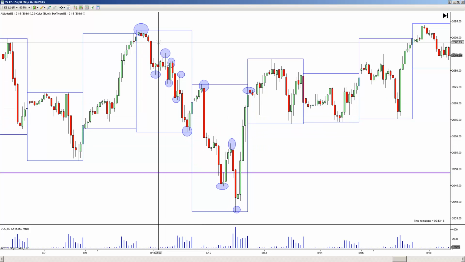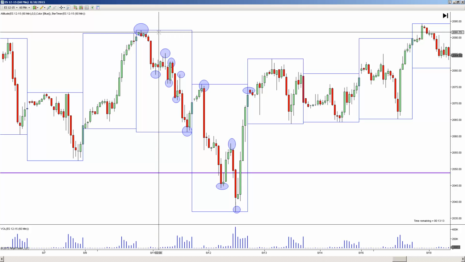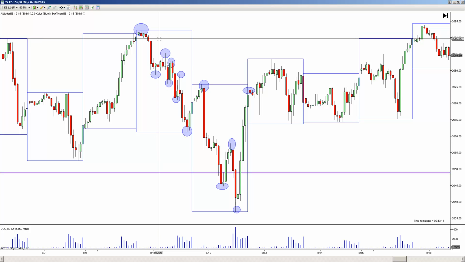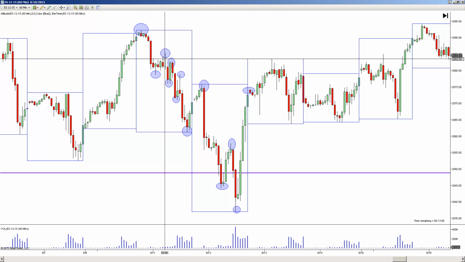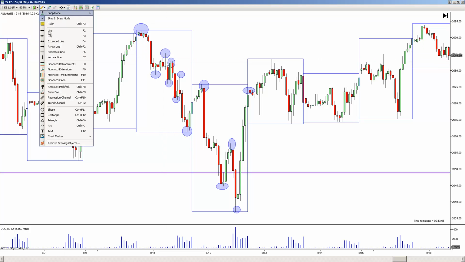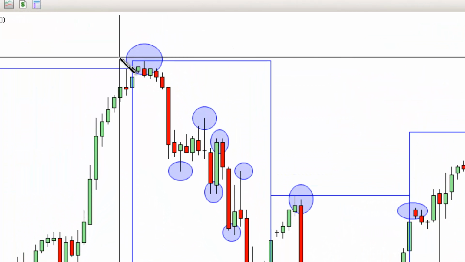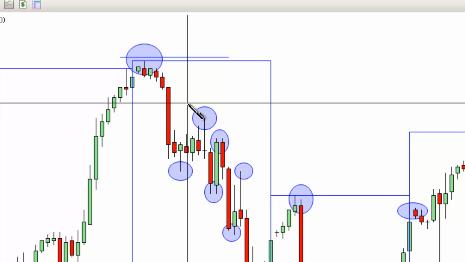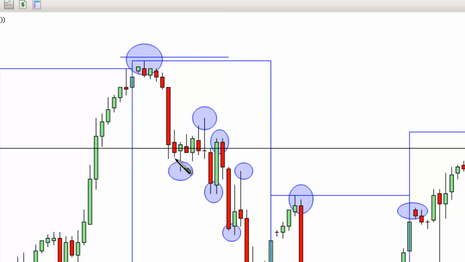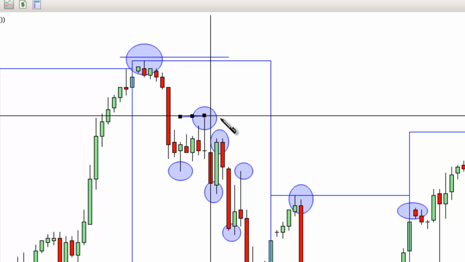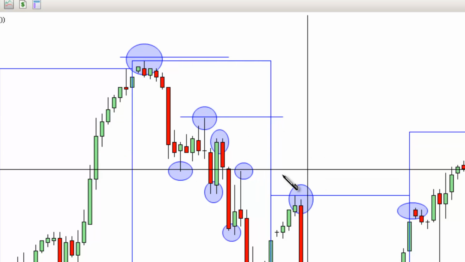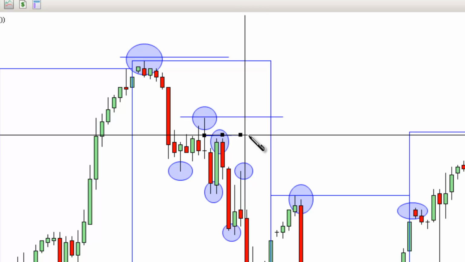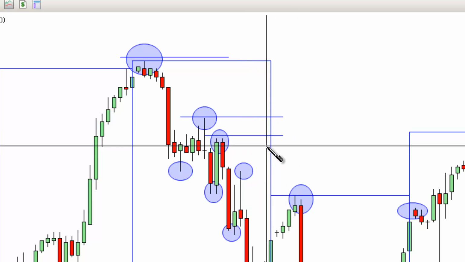Anyone who started out here with a short and continually moved their stop down every time a new peak was made, so their stops would have started up here outside of the high and then moved down when this peak formed to here. When this peak formed, they moved their stop down, and since they short sold, they're now continually in the money.